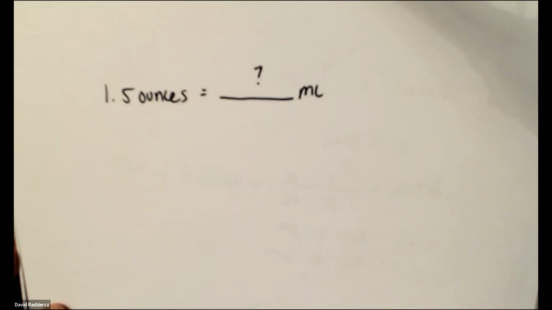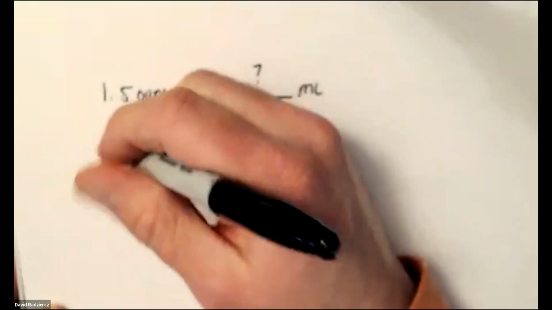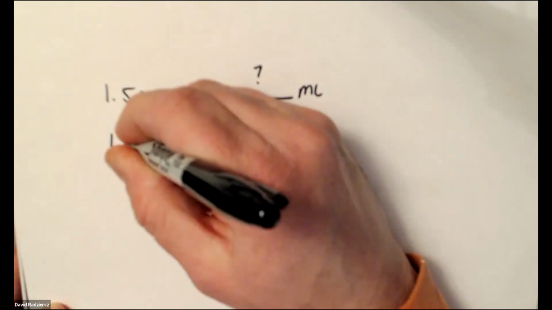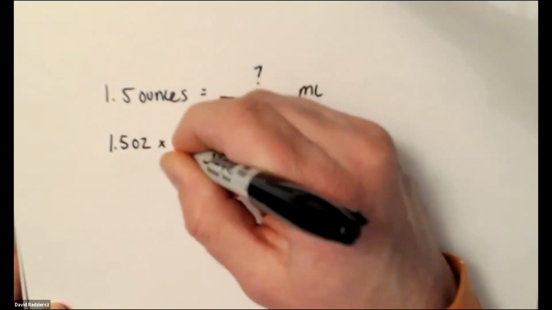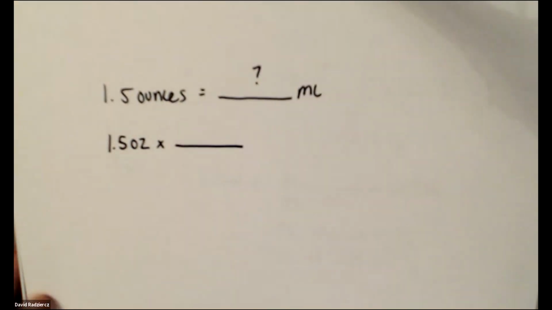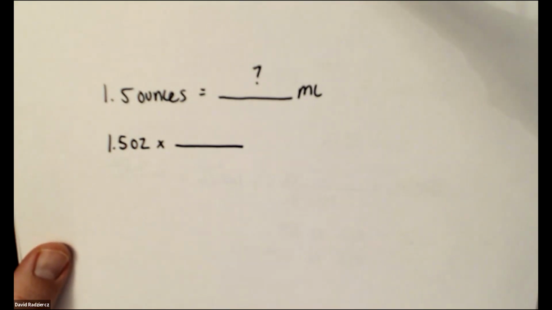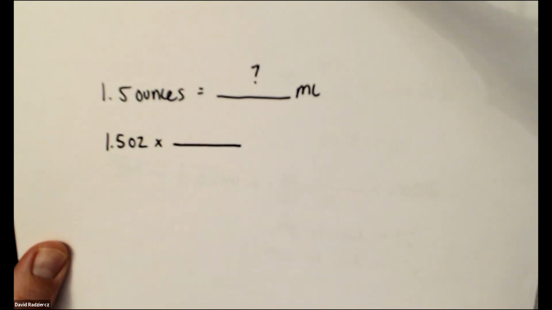And what I'm going to do is take what I know. Okay. So I know I have 1.5 ounces. I'm going to set up an equation. Like I said, I'm using dimensional analysis. You do not need to use dimensional analysis. It's just the one I choose to use.